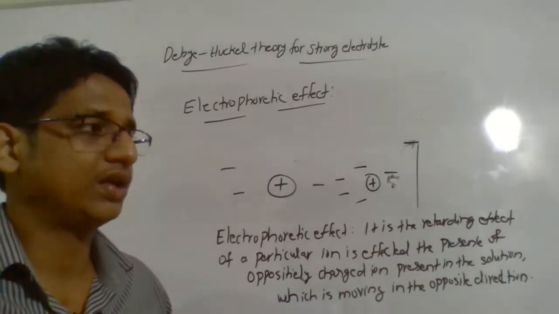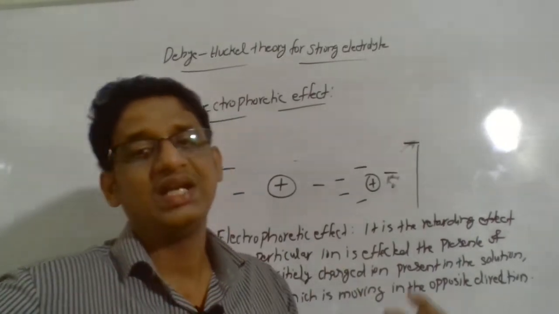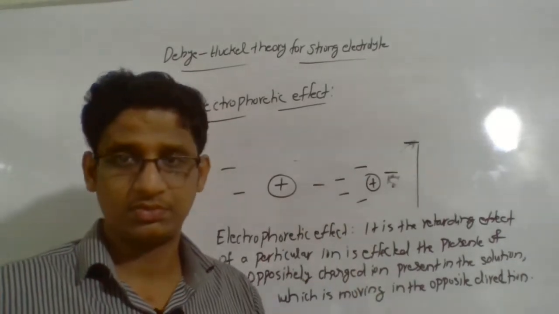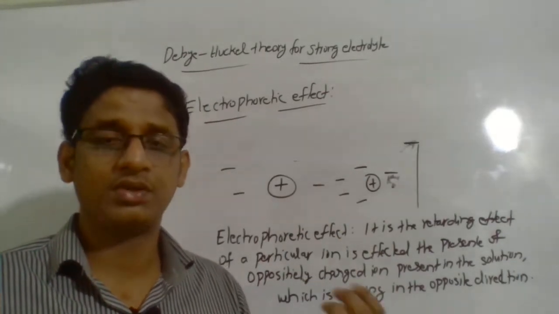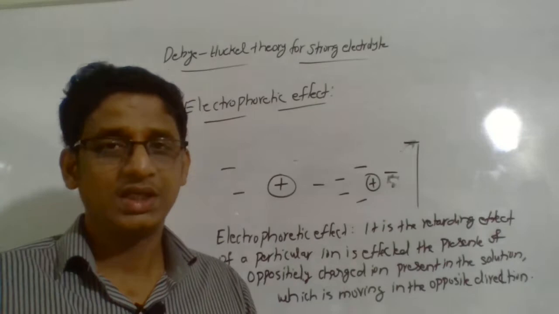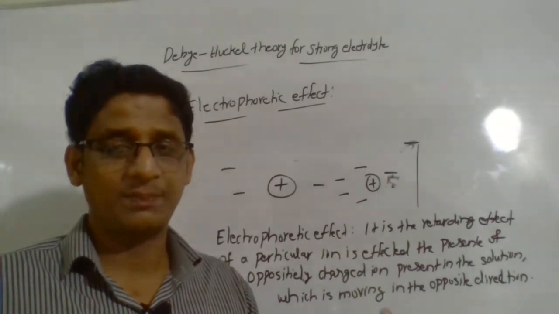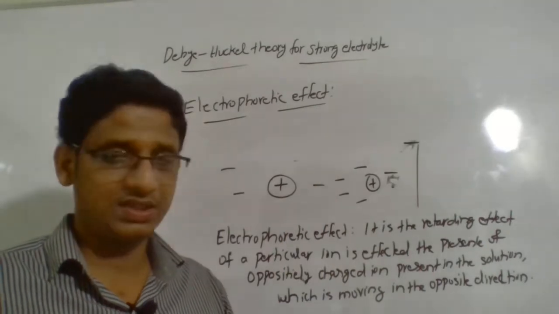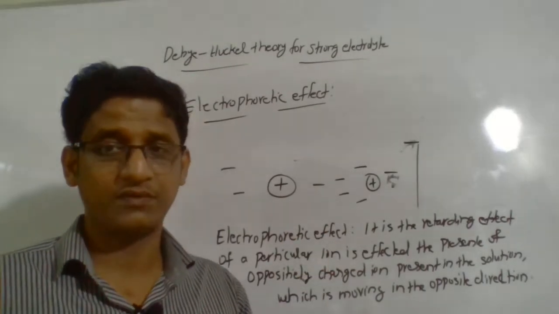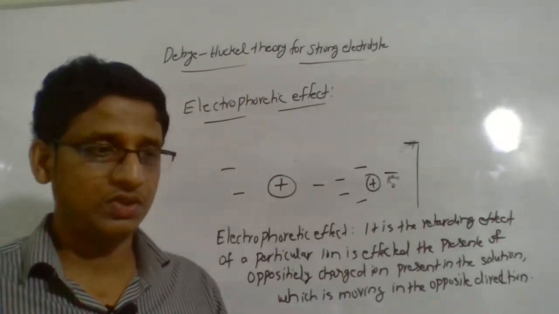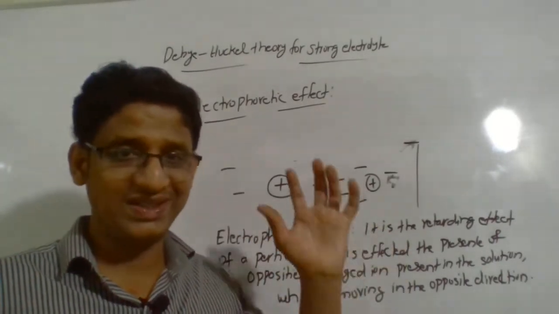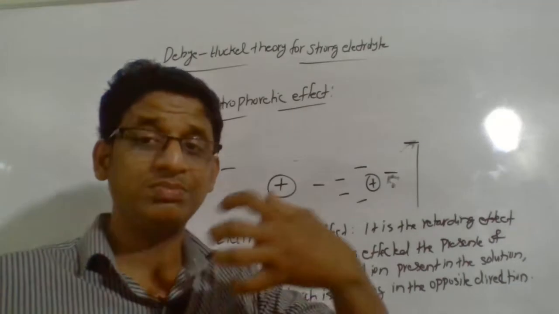So if ions have to move, these kinds of effects have to be overcome. The symmetrical atmosphere, the asymmetric effect, and the electrophoretic effect always play a key role. In dilute solution these effects are almost minimized.